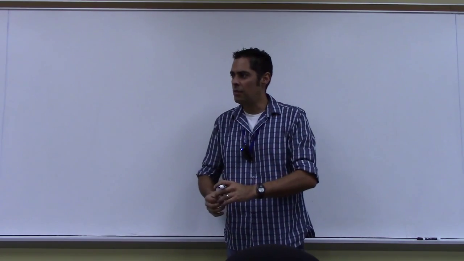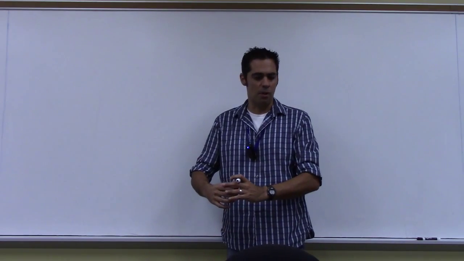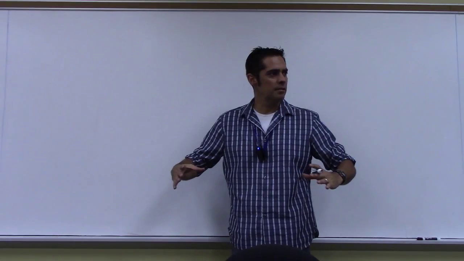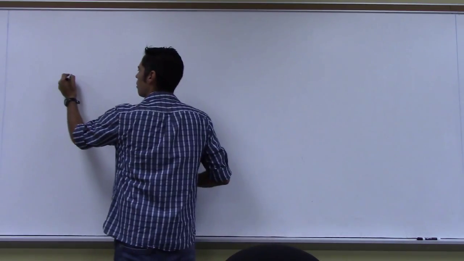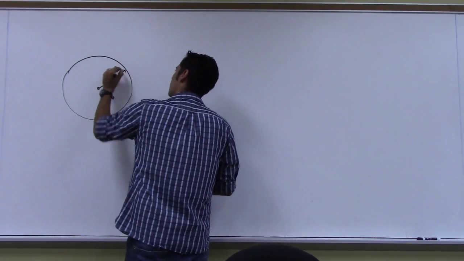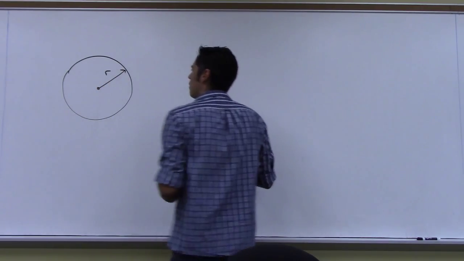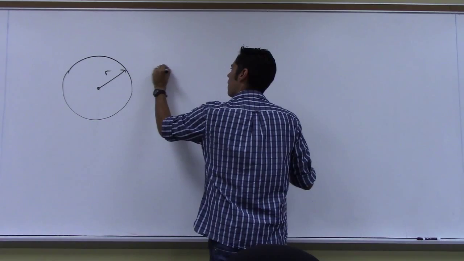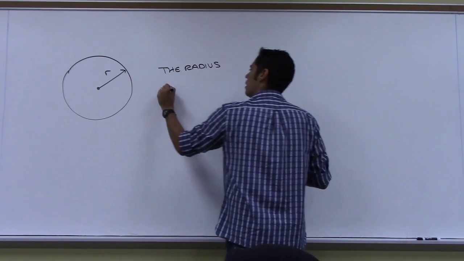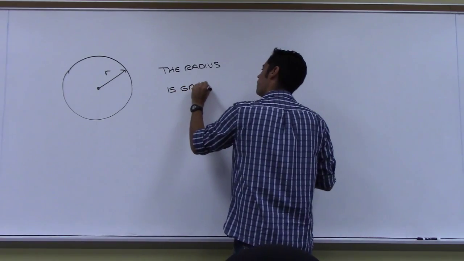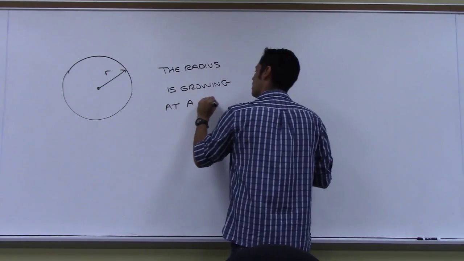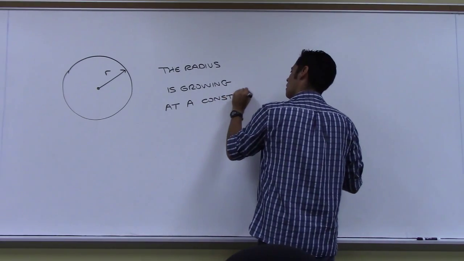As the paint hits the ground, it forms a puddle, and this puddle is a perfect circle, let's say. And that circle is growing on the ground. So we start out with this circle, and the radius is growing at a constant rate.